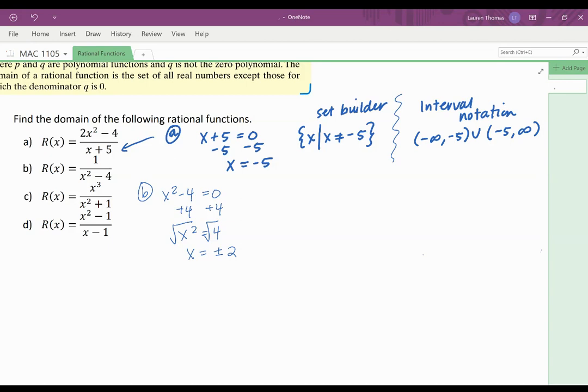So if I'm following the notation that we used in the previous problem, remember you can write your answer using either set builder or interval notation. So if I want to write this problem in set builder notation, I'm going to write brace x such that x does not equal positive or negative 2, close brace. Okay.